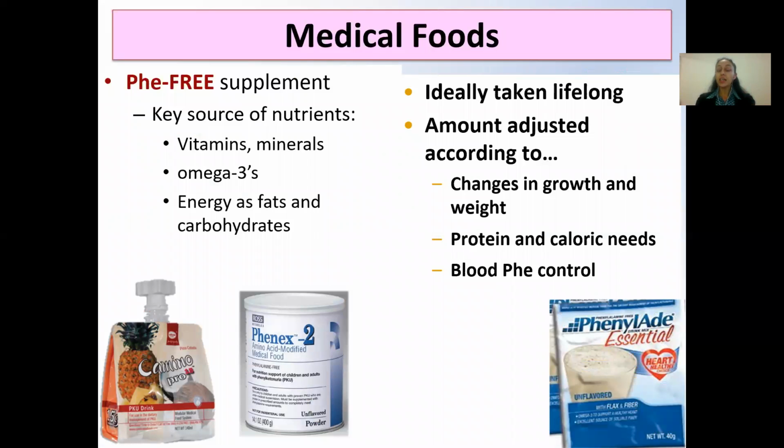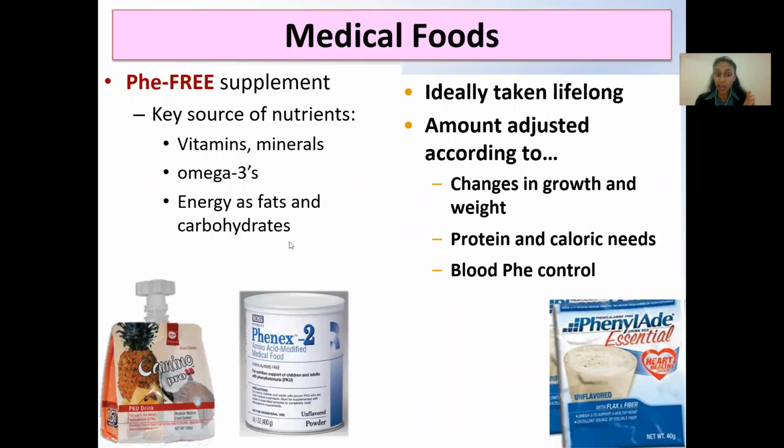Now, as I said, the main source of protein comes from the person's medical food. These medical foods, most importantly, are phenylalanine free. They have all of the other macro and micronutrients required: vitamins, minerals, omega-3, energy, carbohydrate, fats, and so forth.